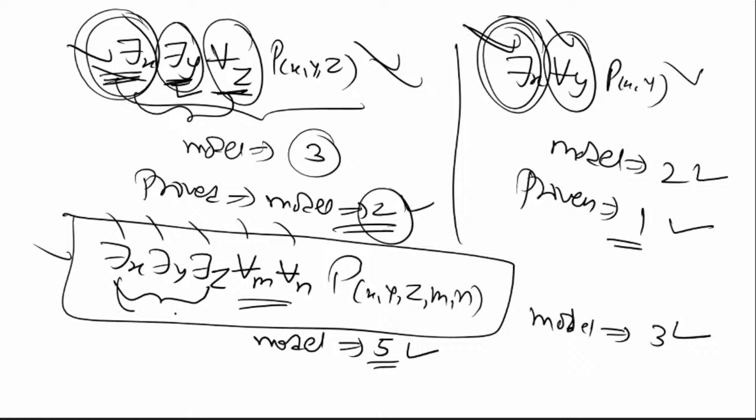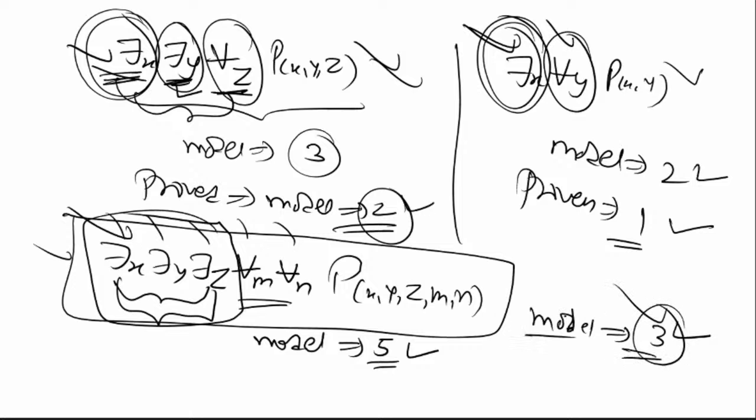Because there are three there exists. Because of these three there exists, you can guarantee that there will be at least a model of size 3. You can take it as homework. Try to show that we can guarantee that there will exist a model of size 3. Also, can we guarantee a model of size 4?